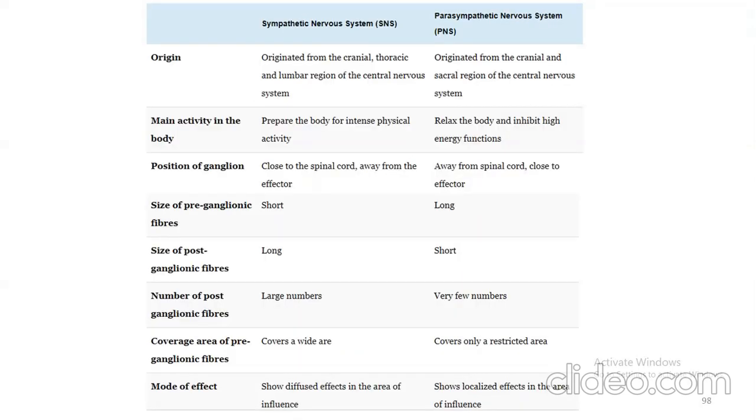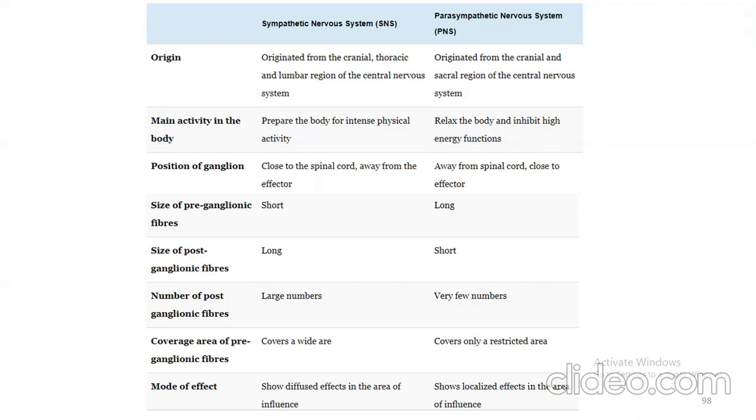Now here is the total difference between the sympathetic and the parasympathetic nervous system. First one is the origin. The sympathetic originates from the thoracic and lumbar region of the central nervous system, while the parasympathetic originates from the cranial and sacral region of the central nervous system. Now, main activity in the body.